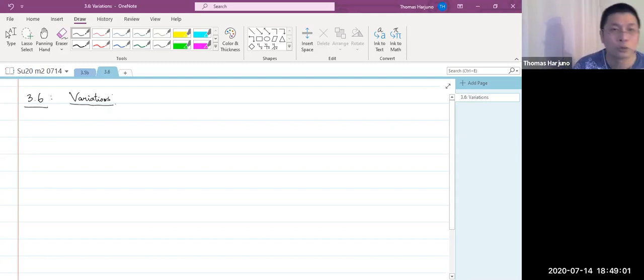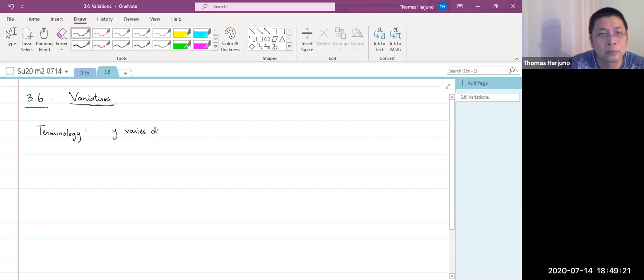There are two terms that you need to know, terminology. Okay, now y varies directly as x, or simply y varies as x.